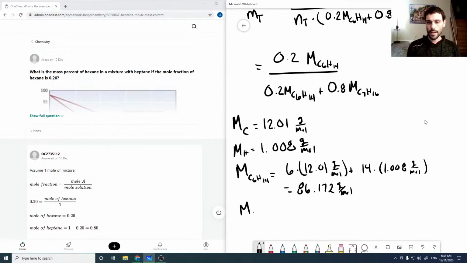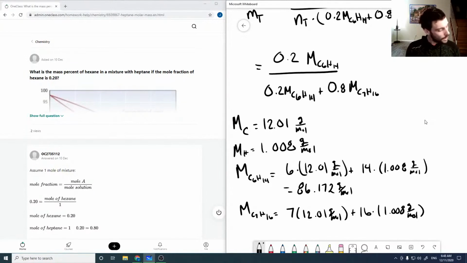And our molar mass for heptane is 7 times 12.01 plus 16 times 1.008, which is 100.198 grams per mole. All right, so there's our molar masses.